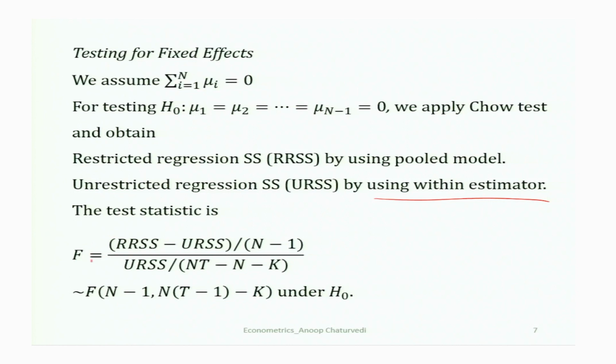And now, you can easily form the critical region. You obtain the tabulated value of F, and if this calculated value is greater than the tabulated value, then we reject H naught.